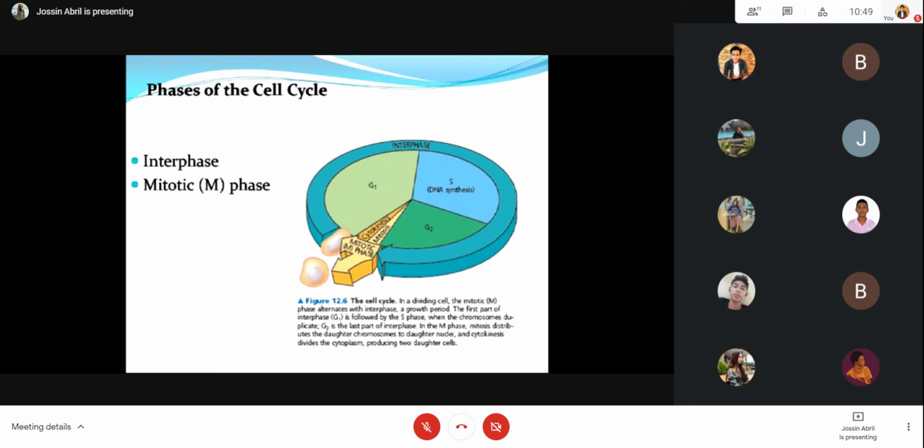The last phase is the G2 phase or the second gap, the last part of interphase. The cell has grown, DNA has been replicated, and now the cell is almost ready to divide. This last stage is all about prepping the cell for mitosis or meiosis.